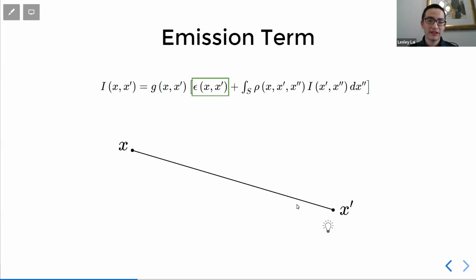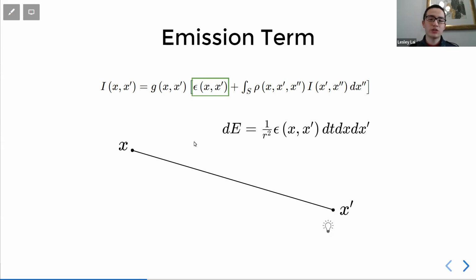Then inside this bracket, we first have the emission term. Of course, if x prime is not a light source, then we just have 0. But if x prime is a light source, then we have a certain emission term from x prime to x.